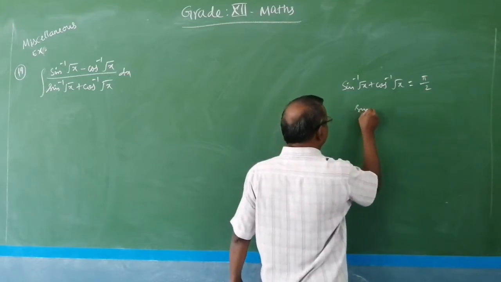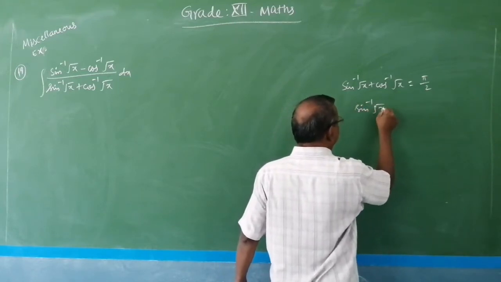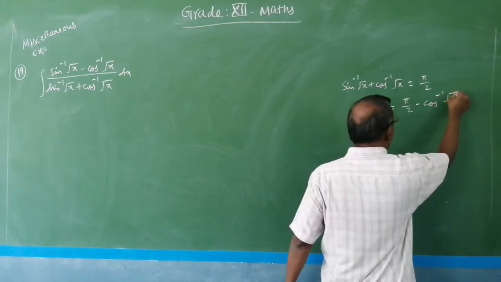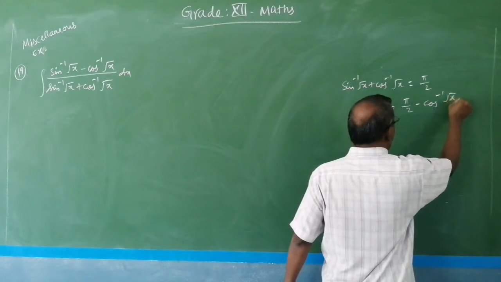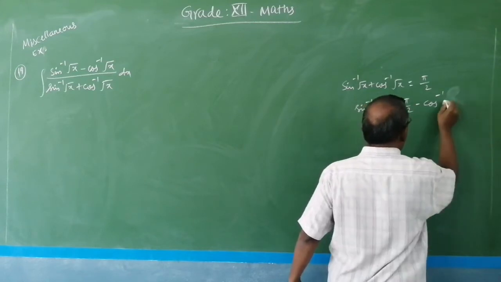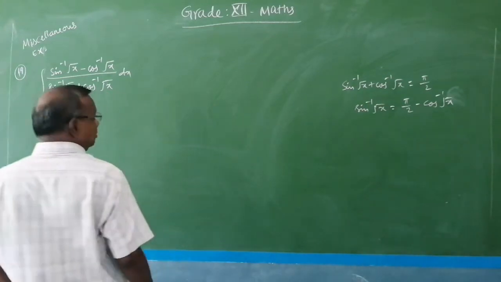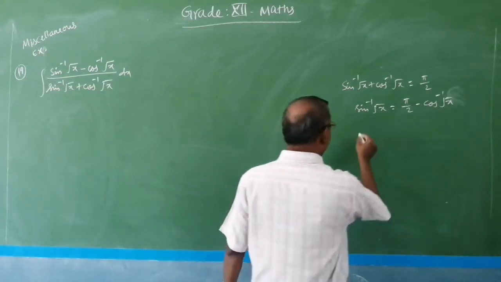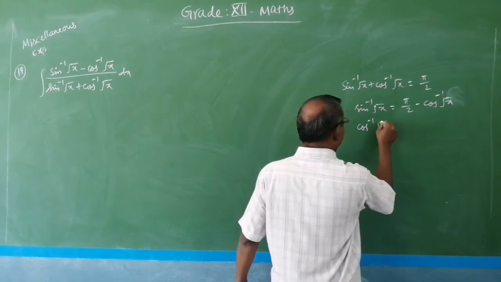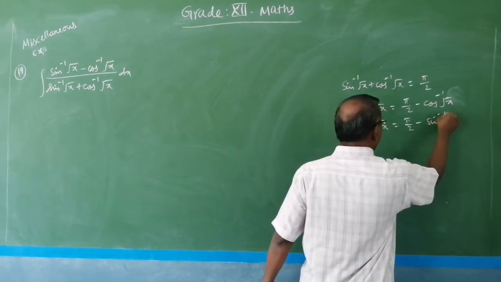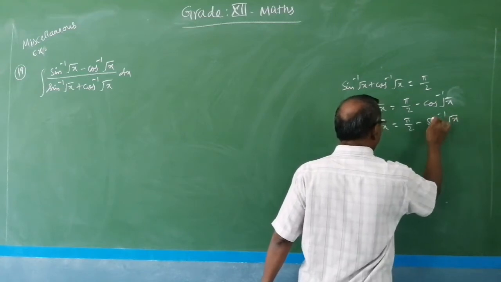So sin inverse of root x is equal to pi by 2 minus cos inverse of root x, or cos inverse of root x is equal to pi by 2 minus sin inverse of root x.